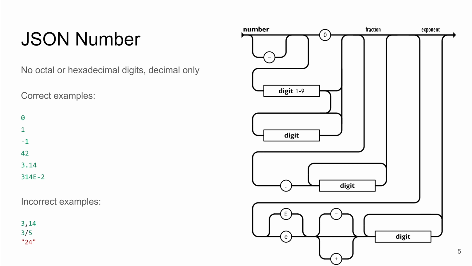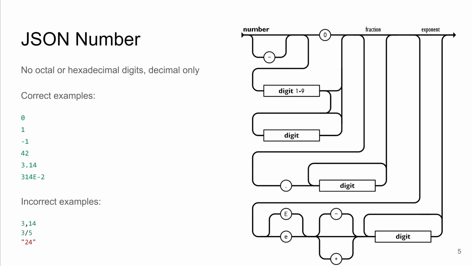We also may have -0, which is a valid JSON number, but it still means a 0. And then we have integers, we have floating point or decimal numbers, and then we have floating point numbers denoted by an exponent present in the number, and the exponent can be lowercase or uppercase.